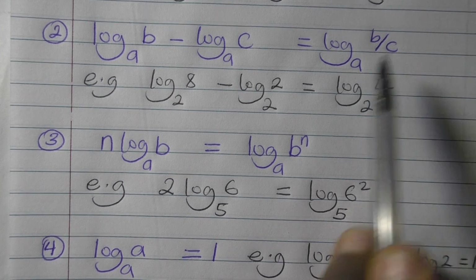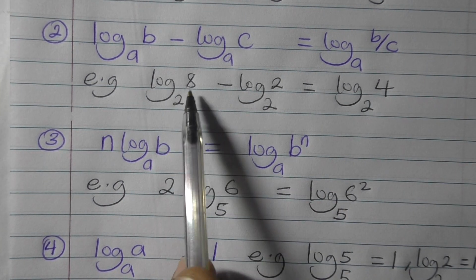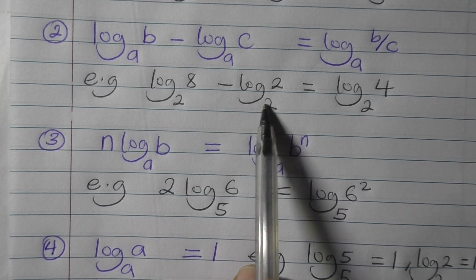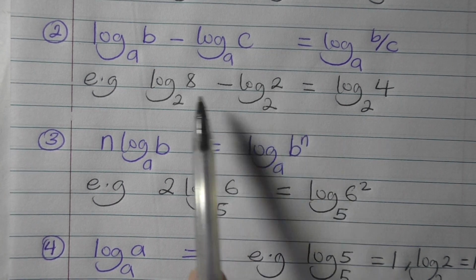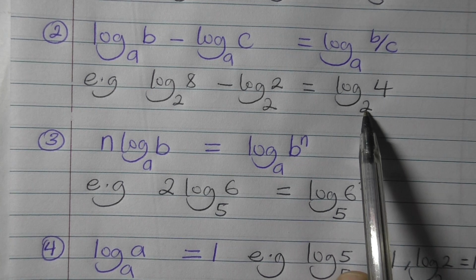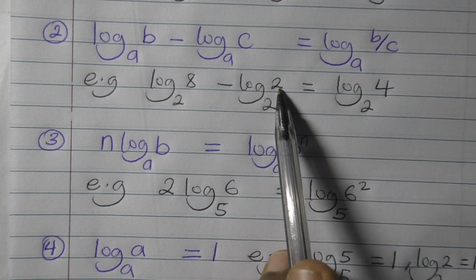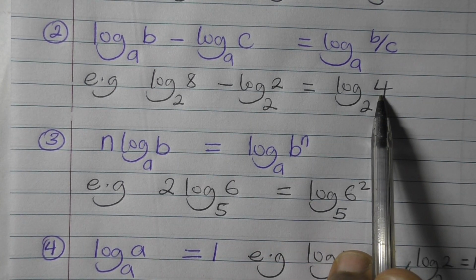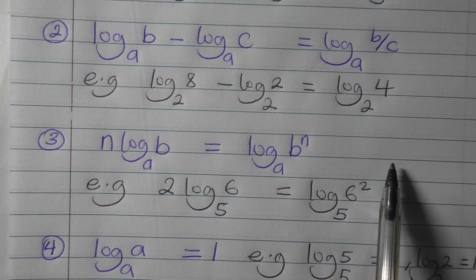For instance, if I have log 2 8 minus log 2 2, then since the bases are the same, I will have log 2 8 divided by 2, which is 4. That is how we deal with subtraction.